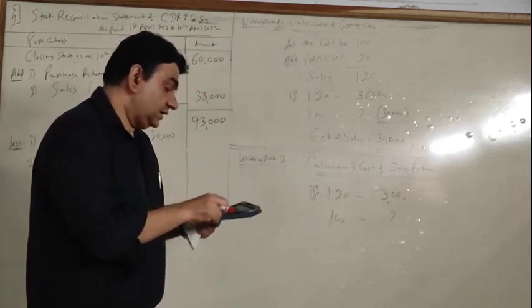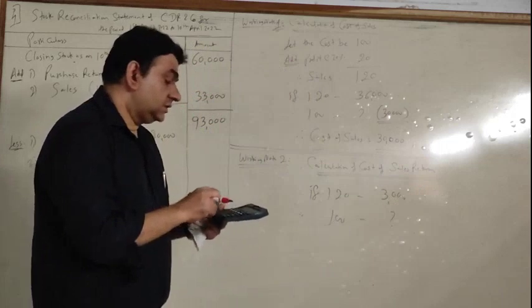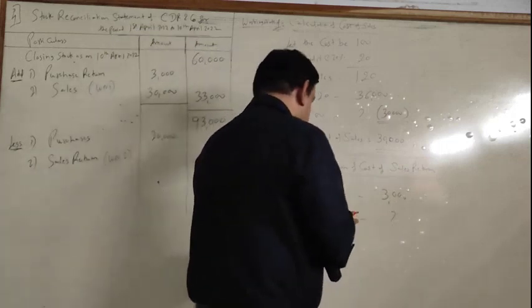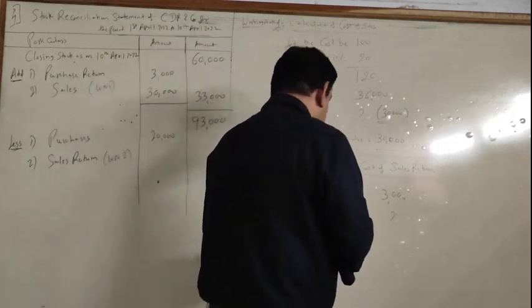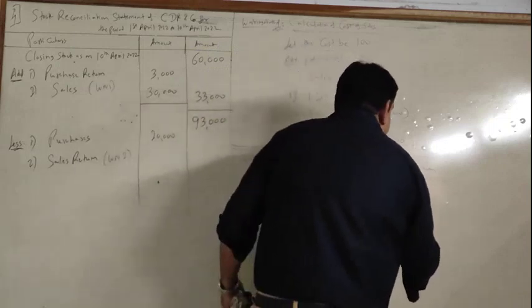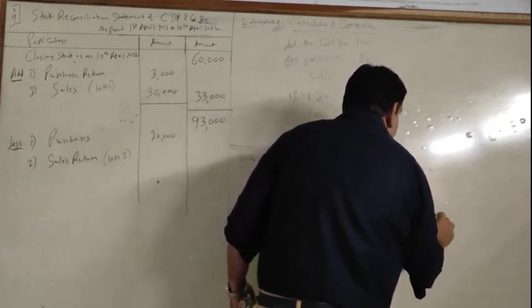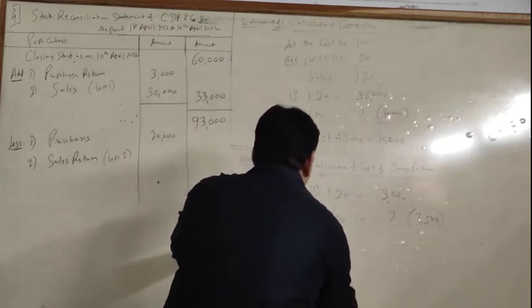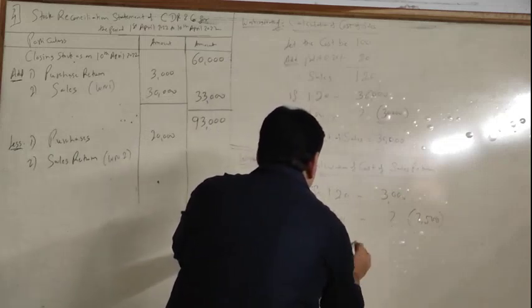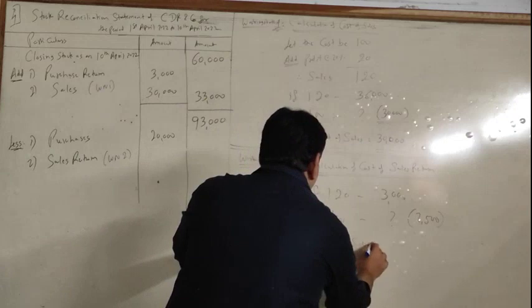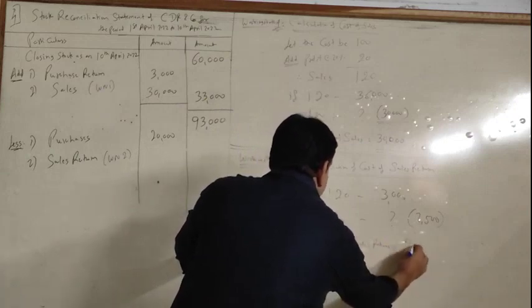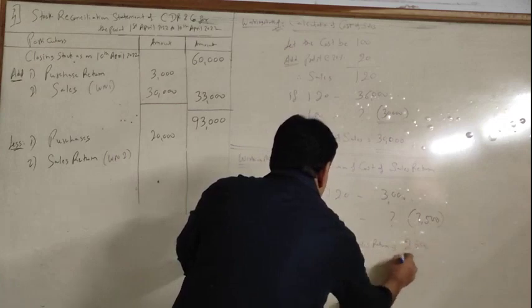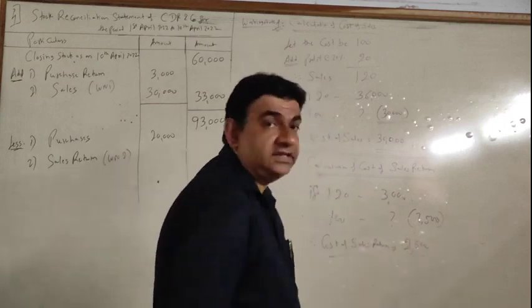So 100 into 3000 divided by 120, that gives me 2500. Therefore, my cost of sales return is 2500. Again, check karo.